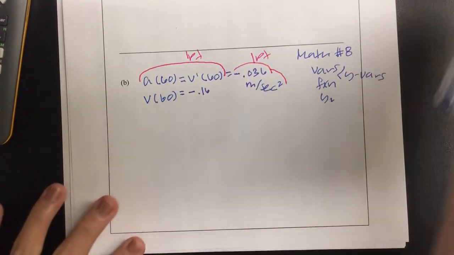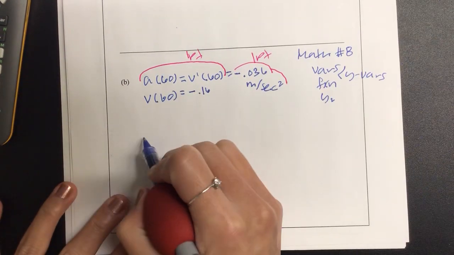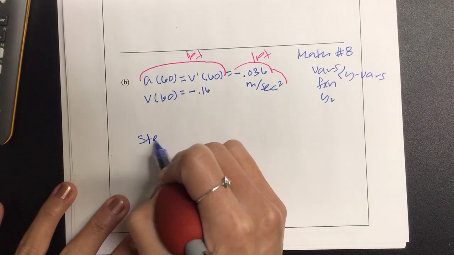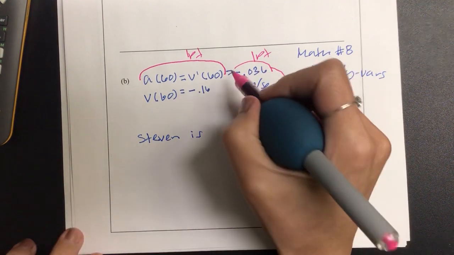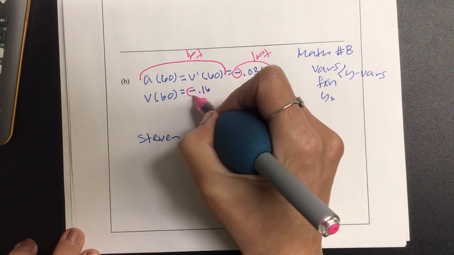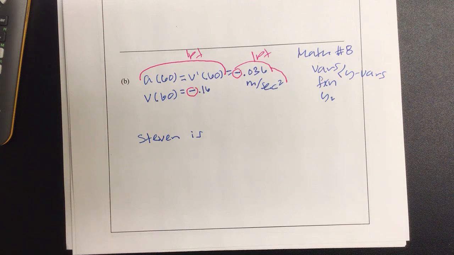Let's put on here, Steven is speeding up. Why is Steven speeding up? How do I know? What are these two signs? If acceleration and velocity are the same, what happens? It goes up. If they're different, it goes down.